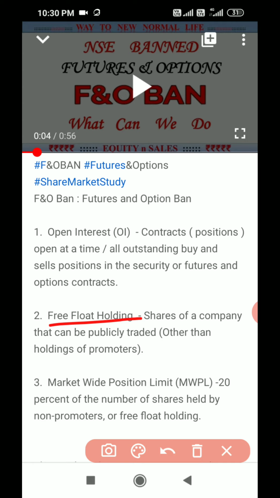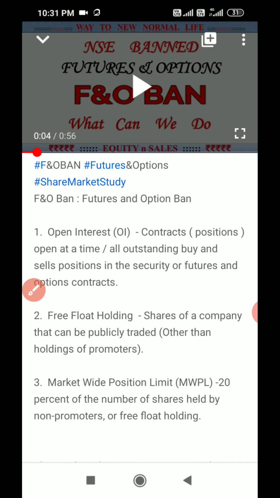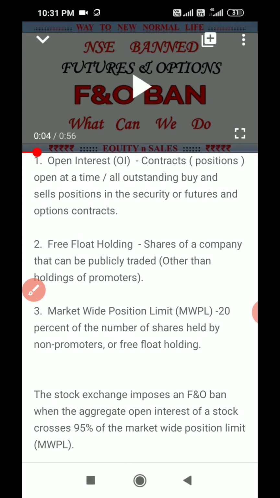I think you understand that one. So the next term is market wide position limit. It is simple, 20% of free floating holding, that is 20% of shares held by non-promoters. Okay, so I think you got these three terms: open interest, free floating holding, and market wide position limit.